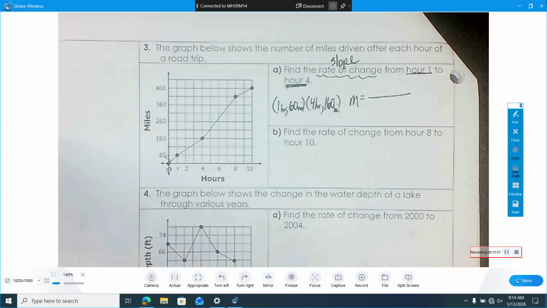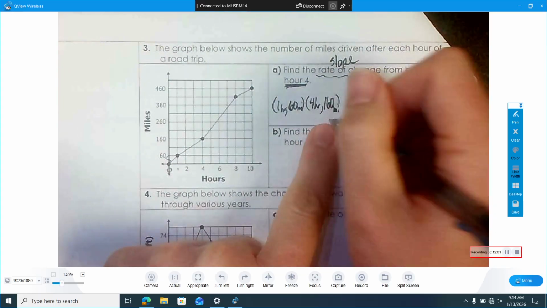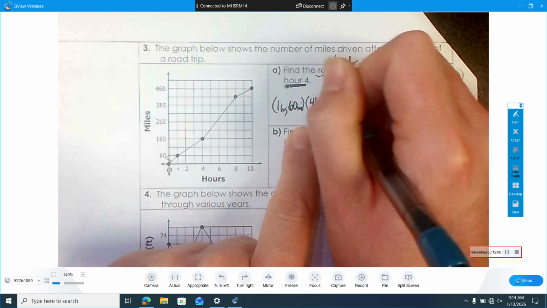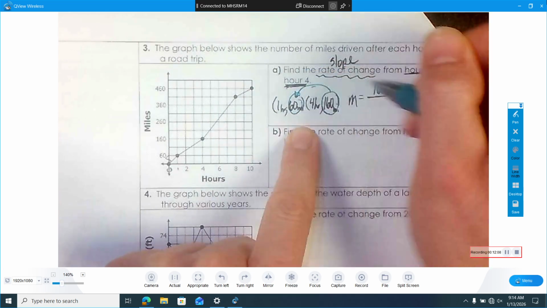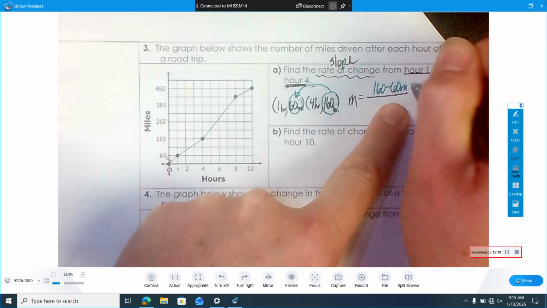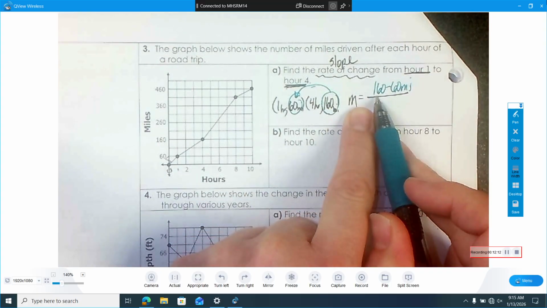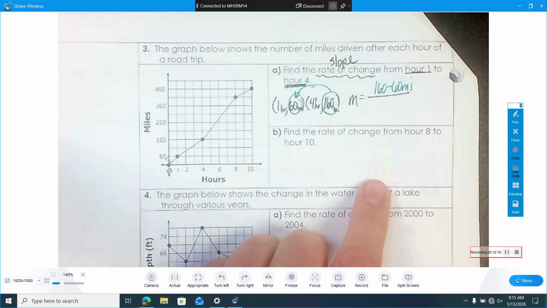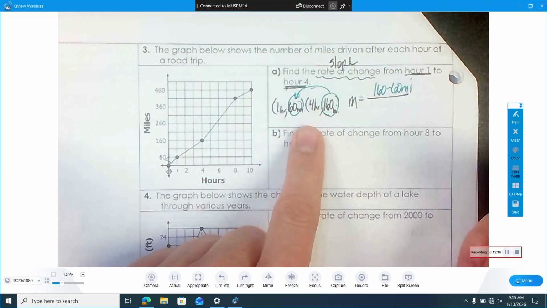My slope is a fraction. What am I going to subtract first? 160. Yeah, 160 miles minus 60 miles. That's what I wrote down there on top. What am I going to write on the bottom?